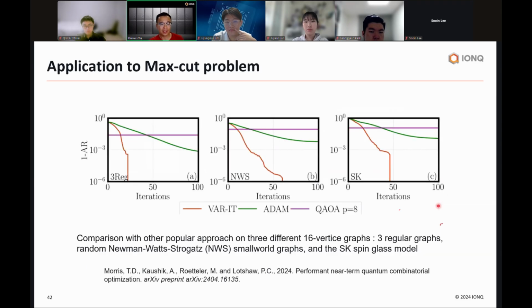We also apply this to different problems and compare it with QAOA. You can see as iterations go, the QAOA really didn't go much, right? Just because it's probably a barren plateau, or it may be some other issue, or maybe our baseline test is not good enough. But the point is, if you use imaginary time evolution, your optimization will go well.